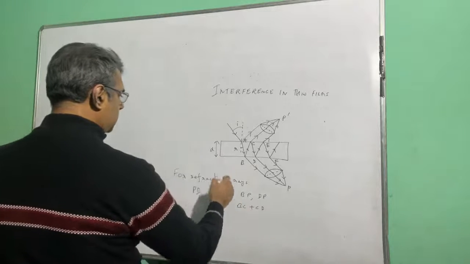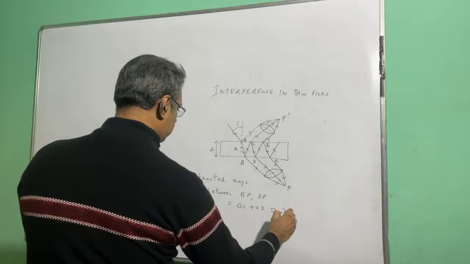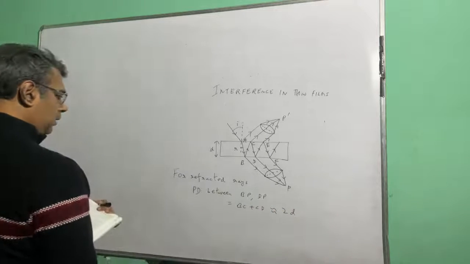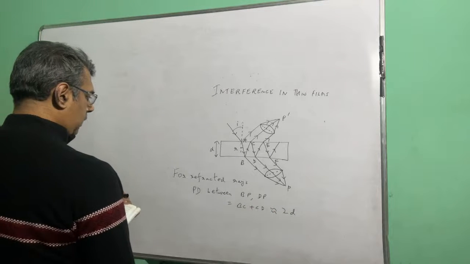And remember, this is a thin film, so BC plus CD will be equal to 2d.